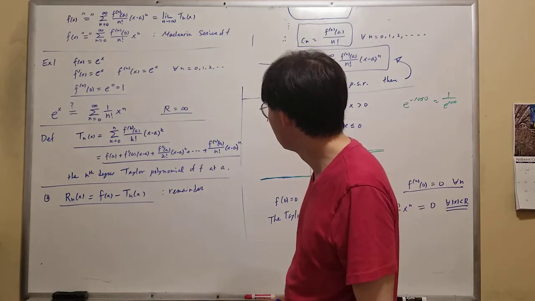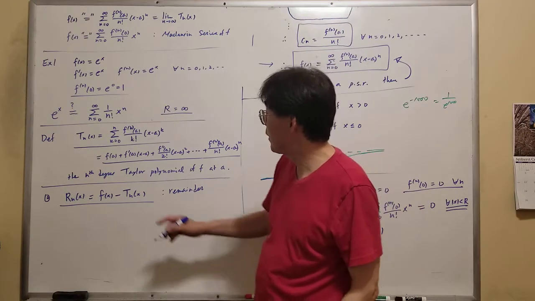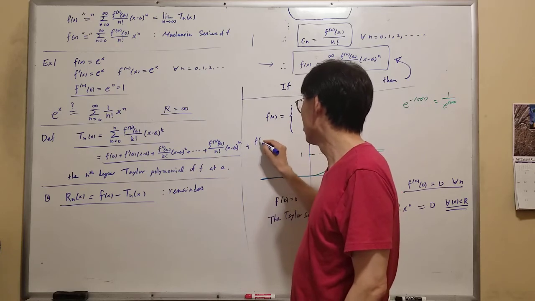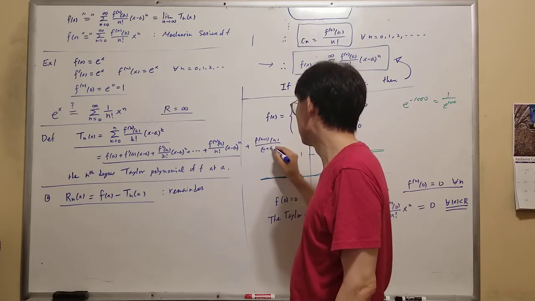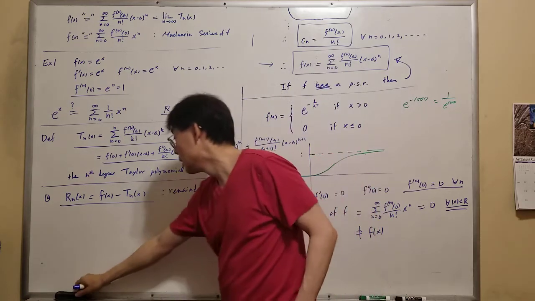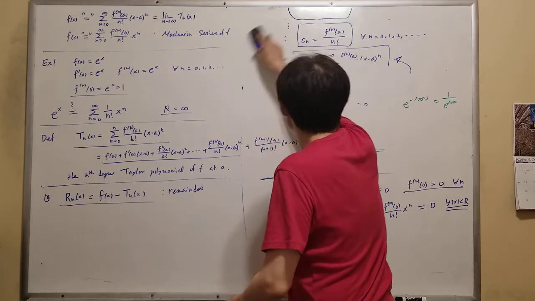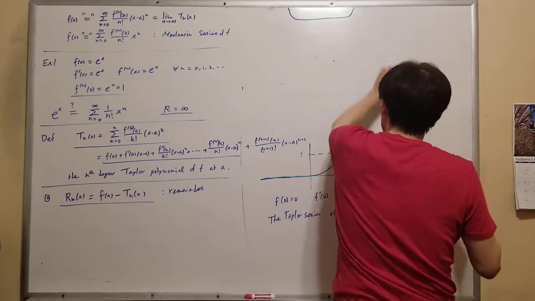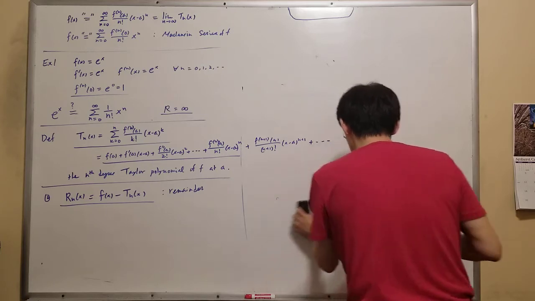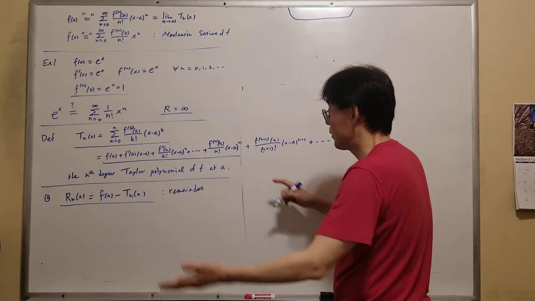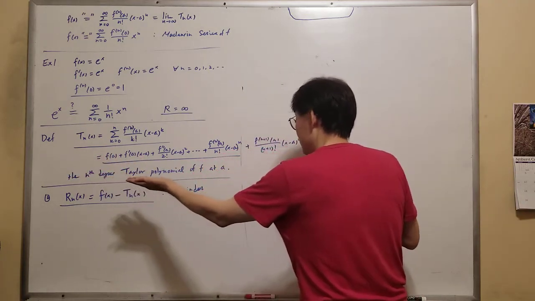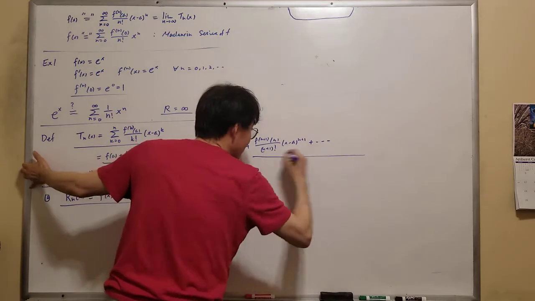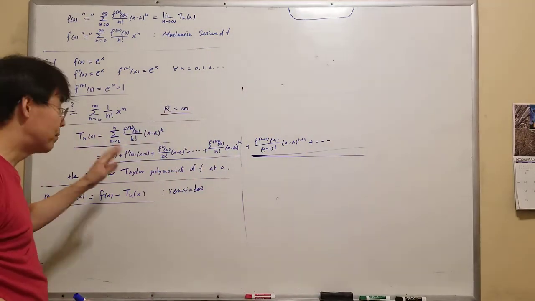Why do we call it remainder? Because if f of x is indeed the same as the Taylor series, and your Taylor series keeps going, then if the Taylor series converges to f, f minus Tn will be these remaining terms, right?